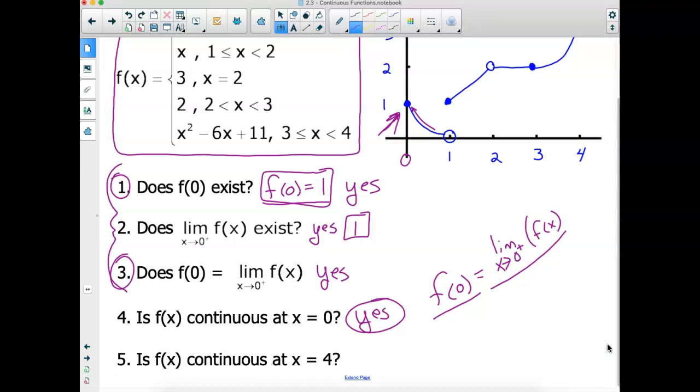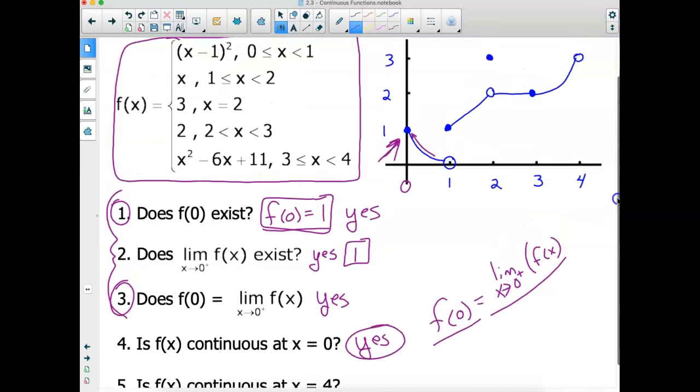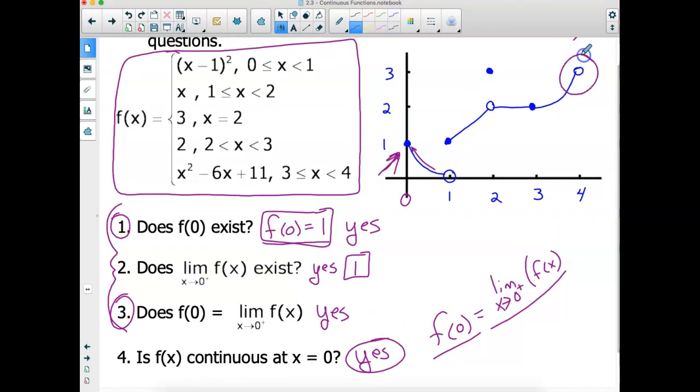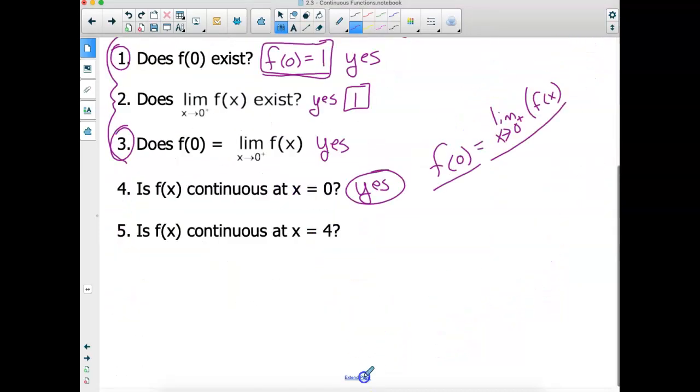Now let me squirrel down here to number 5. Is f of x continuous at x equals 4? Is it continuous at x equals 4? I'm hoping you're going to tell me no. I'm hoping you're going to say, no, it's not continuous. Justify your reasoning. Tell me why it is not continuous there. It's pretty easy, okay?